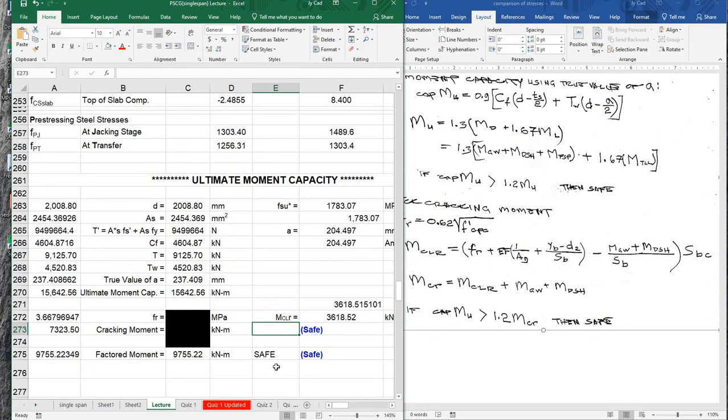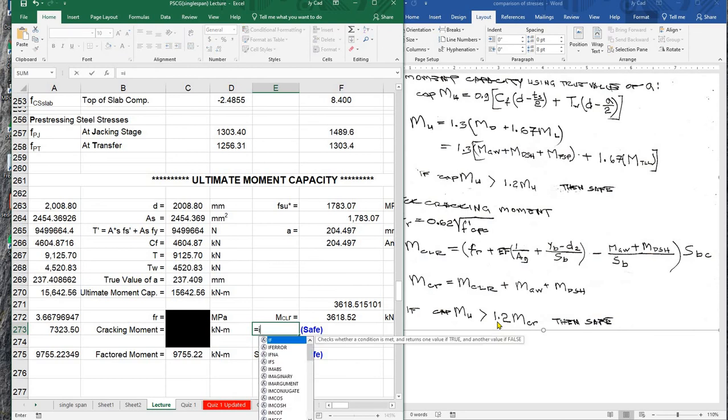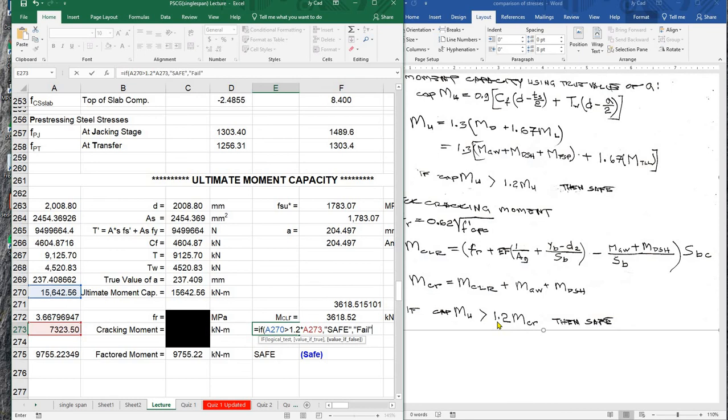Then let's check again. Okay, so dapat yung capacity MU should be greater than 1.2 cracking moment. Okay, so if capacity MU is greater than 1.2 times MCR or cracking moment, then you print safe, otherwise fail.